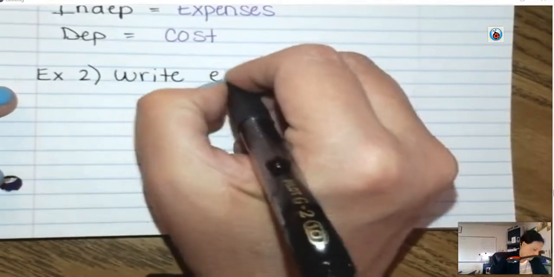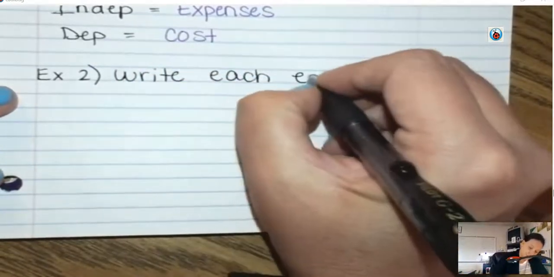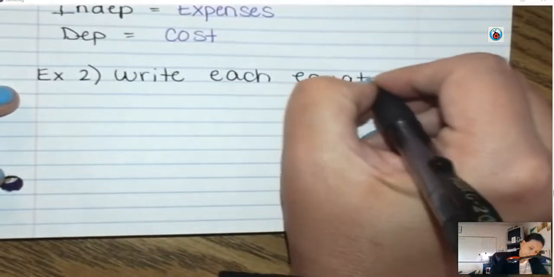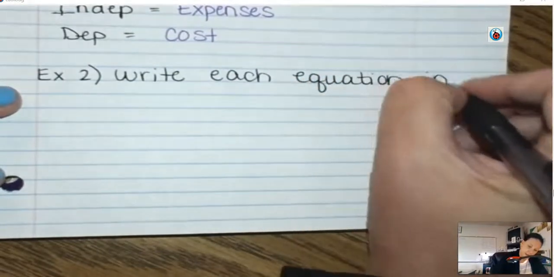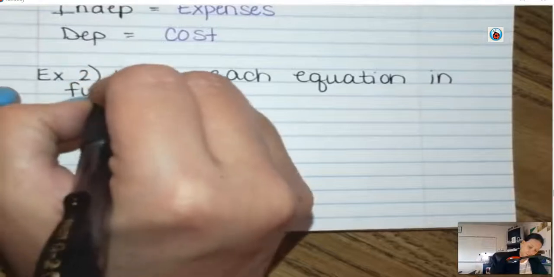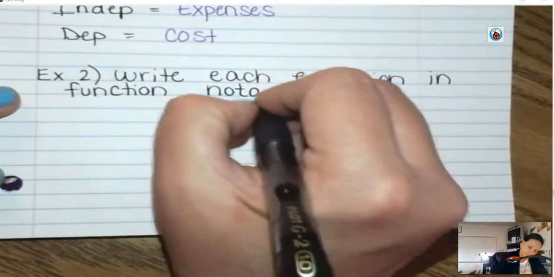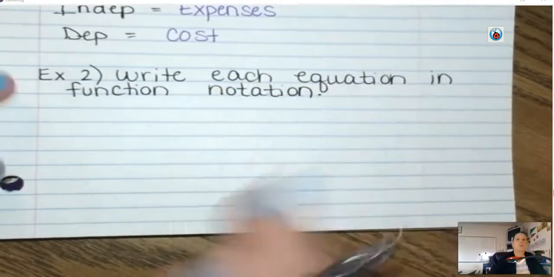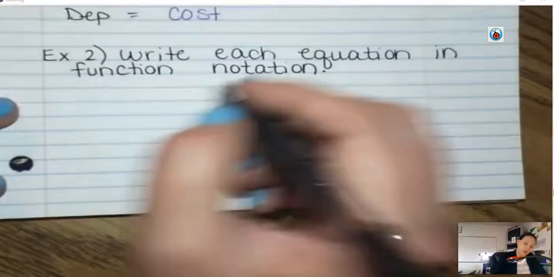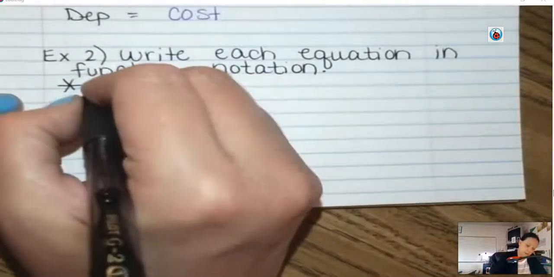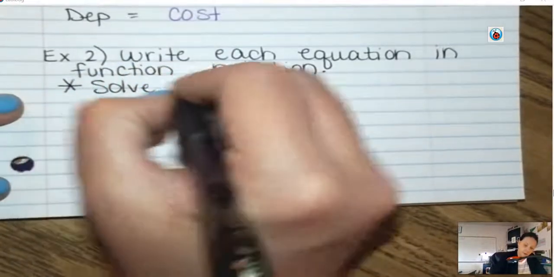Example 2 is going to ask to write each function, write each equation in function notation. So write yourself a reminder, this means solve for y.